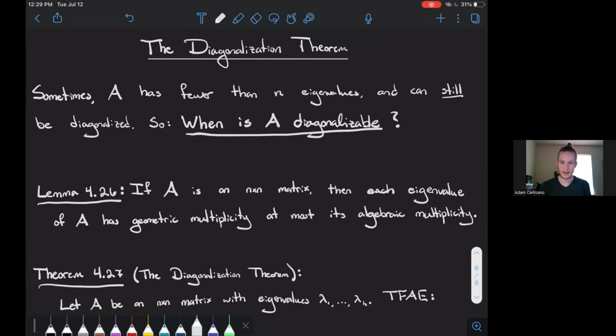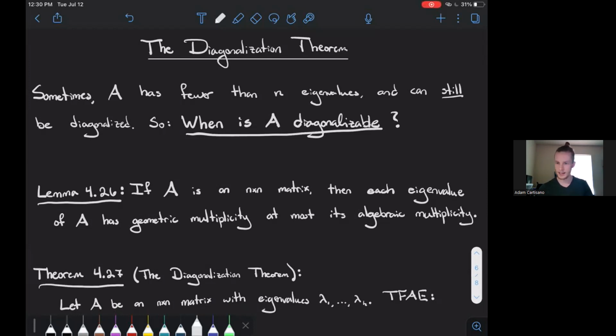In other words, you can have a high algebraic multiplicity and a low geometric multiplicity. You know, algebraic multiplicity 4, geometric multiplicity 1 or 2 or 3 or 4. But you will not have an algebraic multiplicity of 2 and a geometric multiplicity of 3. That's what this is saying, that the geometric multiplicity is at most the algebraic multiplicity.